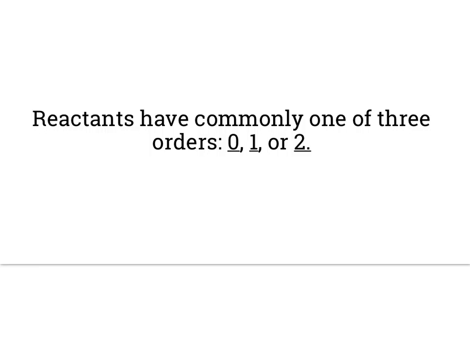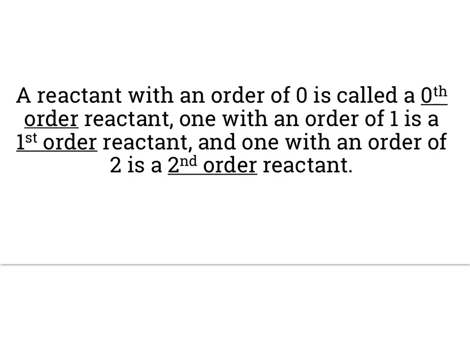Now, when you get to higher levels of chemistry, when you start looking into actual kinetics, this is honestly kind of false. You can have orders all over the board. They could even be negative or fractions. Most commonly, though, they will be either 0, 1, or 2. Just know they don't have to be.